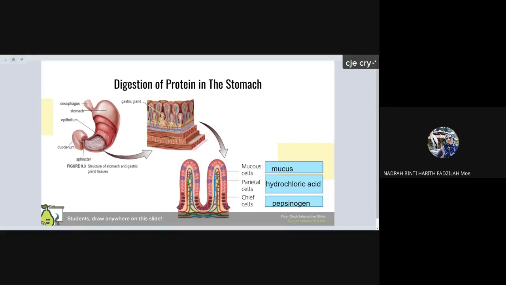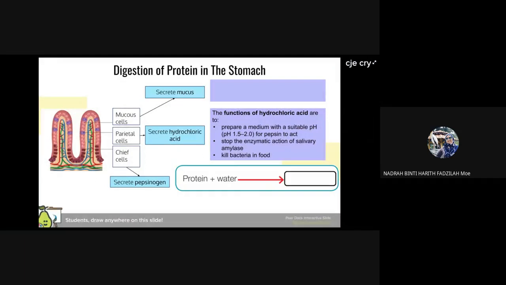Okay, mari kita tengok in details how do these substances work. Okay, so as I explain you this slide, sambil saya terangkan slide ini, kamu boleh terus update pada kamu punya slide masing-masing ya.